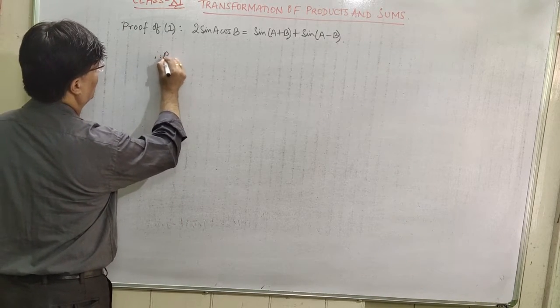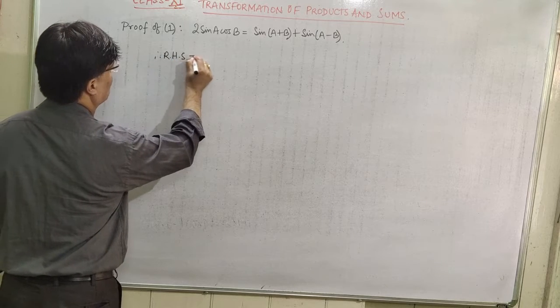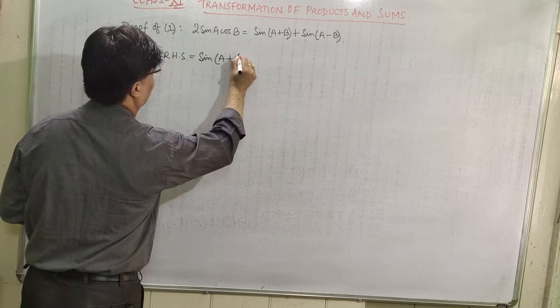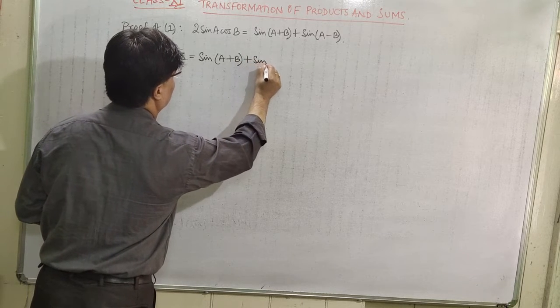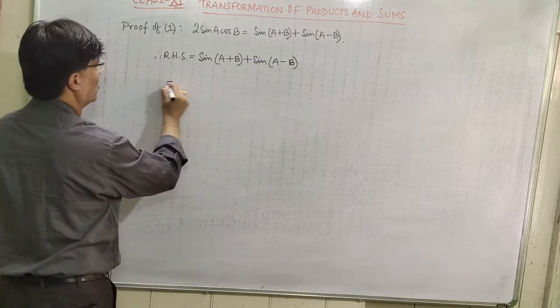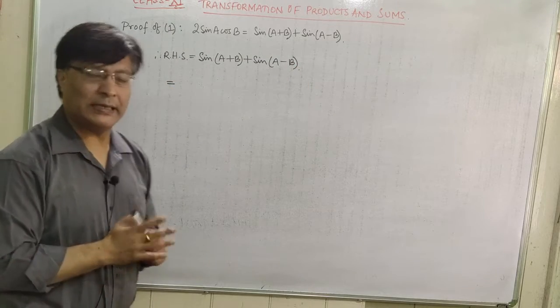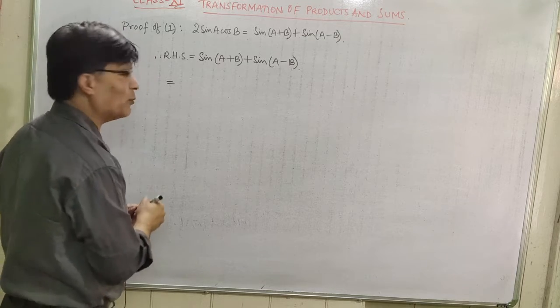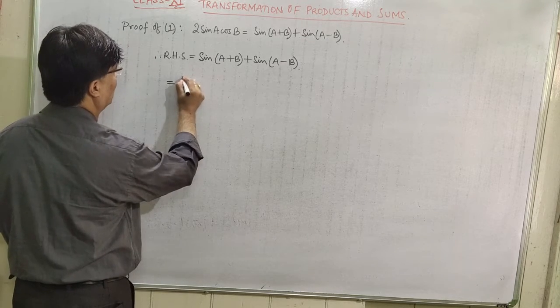So therefore RHS is equal to sine of a plus b plus sine of a minus b, which is equal to, now let us use the formula for sine of a plus b. What is the formula for sine of a plus b from compound angle?